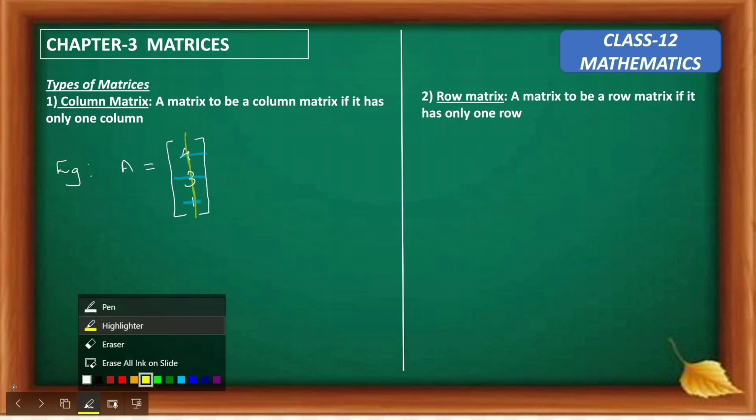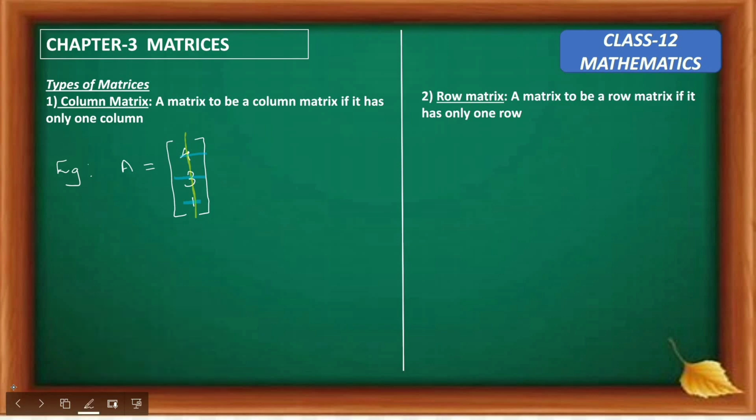Then we can write the order of this matrix, that is 3 by 1. 3 rows and 1 column. In here you can see only one column. That's why this matrix is known as a column matrix. In a column matrix you can see only one column.